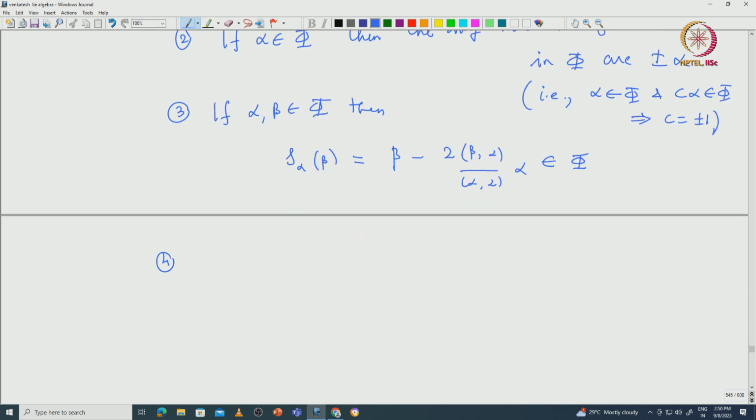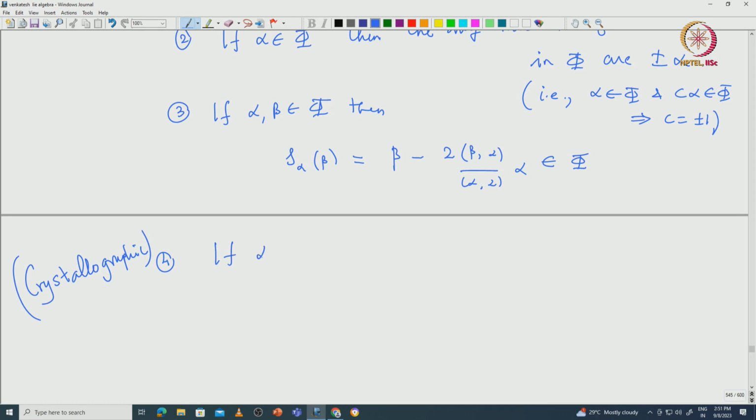The fourth condition is called the crystallographic condition, which is motivated by the root systems that pop up from semi-simple Lie algebras. It is about the integrality of the Cartan numbers.